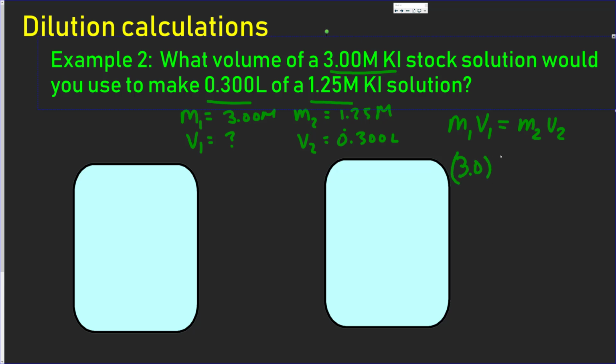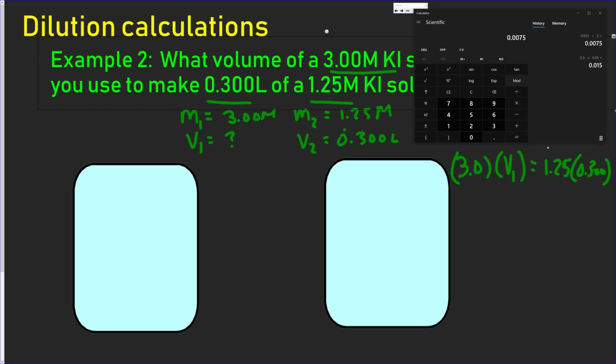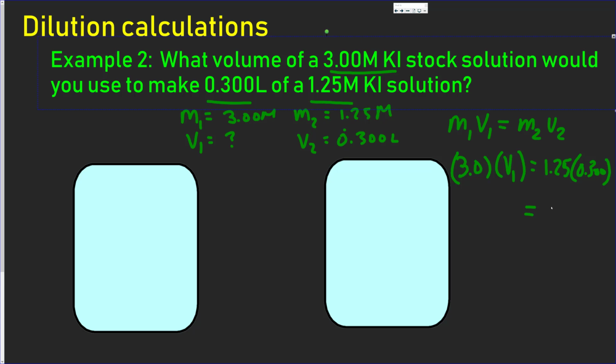3.0 times V1 is equal to 1.25 times 0.300. And if I bring up my calculator here, let me just clear all this stuff. 1.25 times 0.3. On the right side, I'm going to get 0.375.